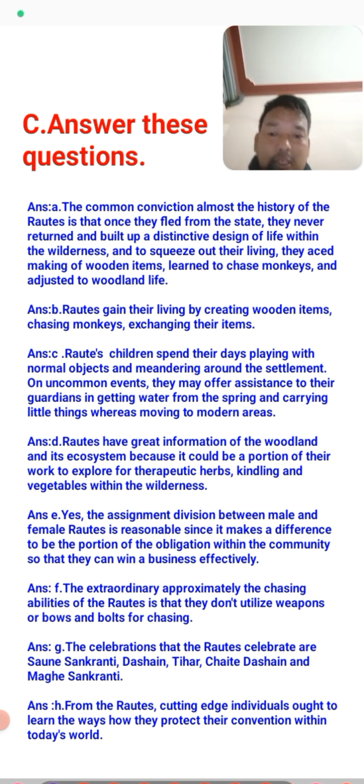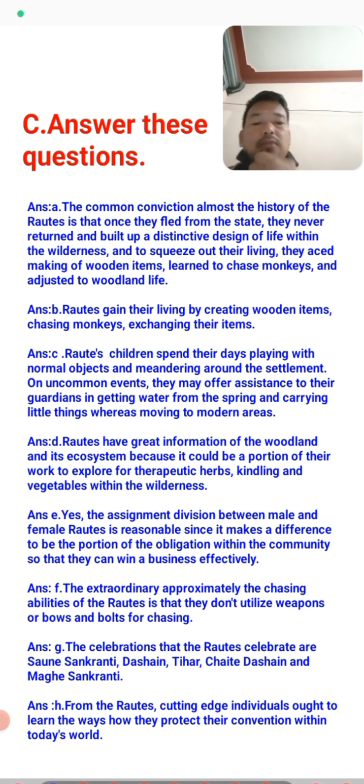And last we have: what should modern people learn about the Raute? Yes, what should modern people learn from this Raute community? Here is the answer. From them, every individual ought to learn how they protect their traditions within today's world. Students, they have been continuously protecting their own culture within the world, but on the other side other communities' culture is declining and diminishing.